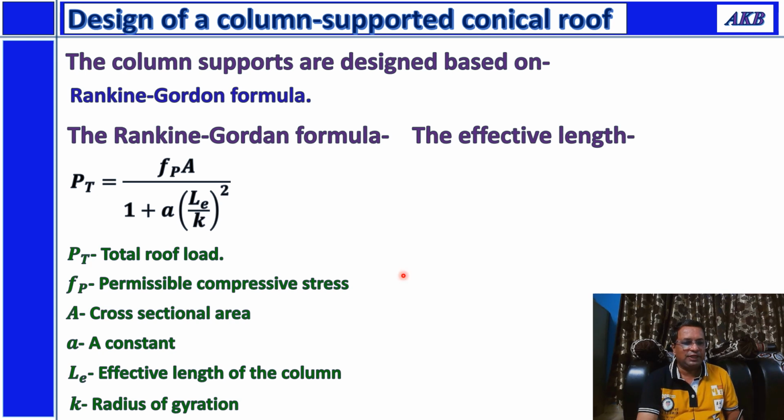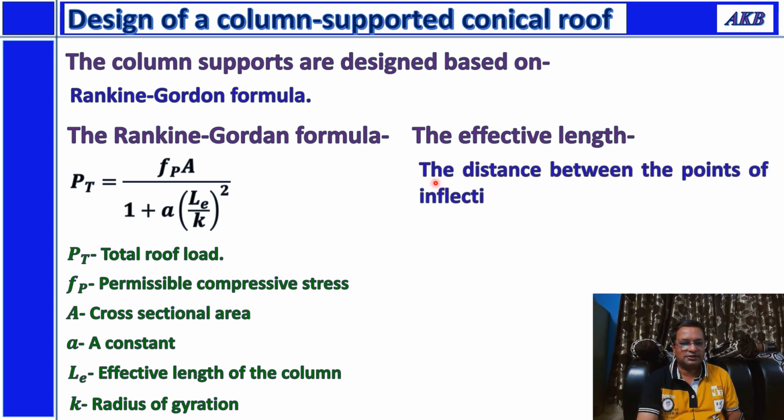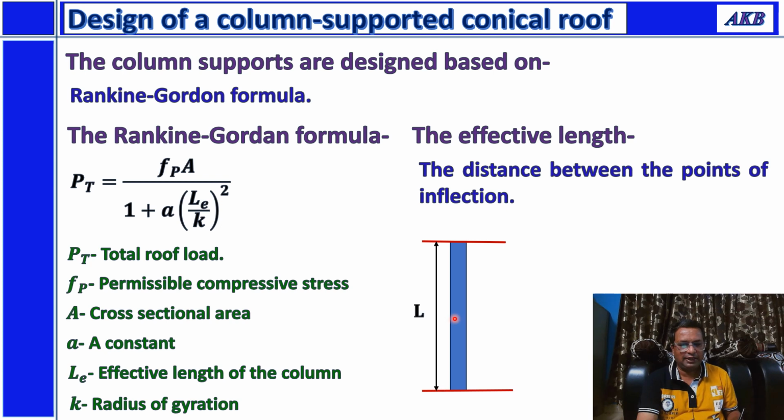Now the effective length is measured in this way. The effective length is the distance between two points of inflection. For example, this is a column that is supported at its ends. Let L be the length of the column. If it is acted upon by total load PT, then under the influence of the total load it may bend.